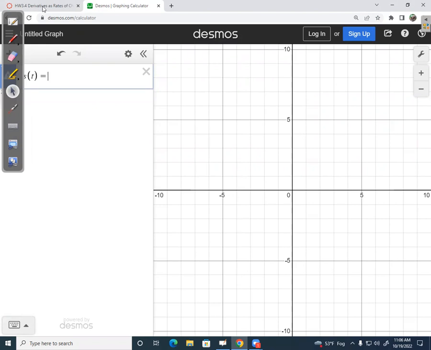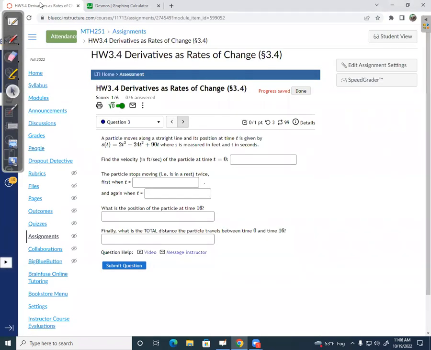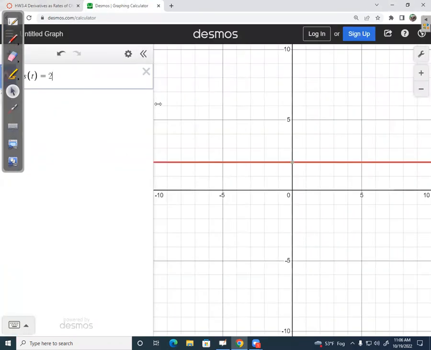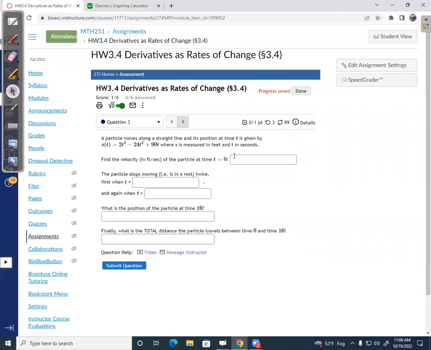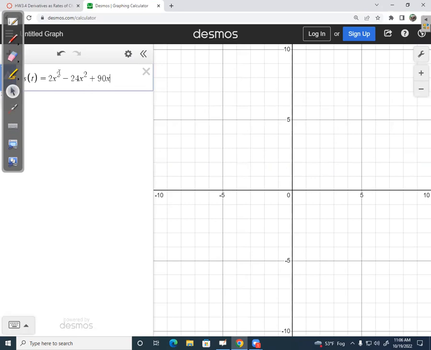All right, so my original function, let's see, what was that? It was 2, negative 24, 90. 2x cubed minus 24x squared plus 90x. Got that right? That's not a cube.